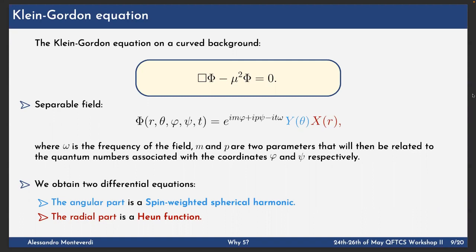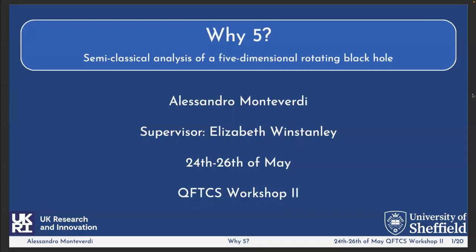Here omega is the frequency of the field, m and p are the 2 parameters that will then be related to the quantum numbers, and they are associated with phi and psi. And we can put this form inside the Klein-Gordon equation and solve it. What we found is 2 differential equations, one angular, one radial, and we can solve both of them. The angular part is a spin-weighted spherical harmonic, while the radial part is a Heun function, which are both known solutions.